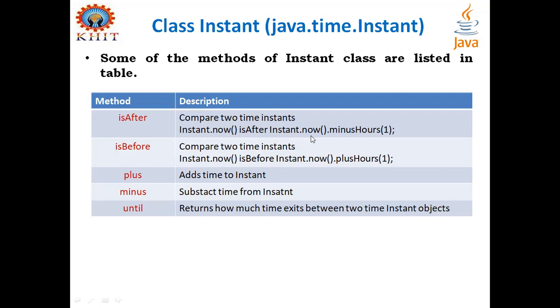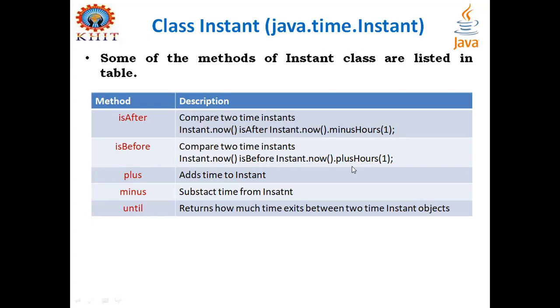After that, Instant.minus hours, where 1 hour is an integer parameter. isAfter and isBefore are the two methods that compare time instants, compared with now, where you are minusing or plusing minutes, seconds, hours, or weeks.